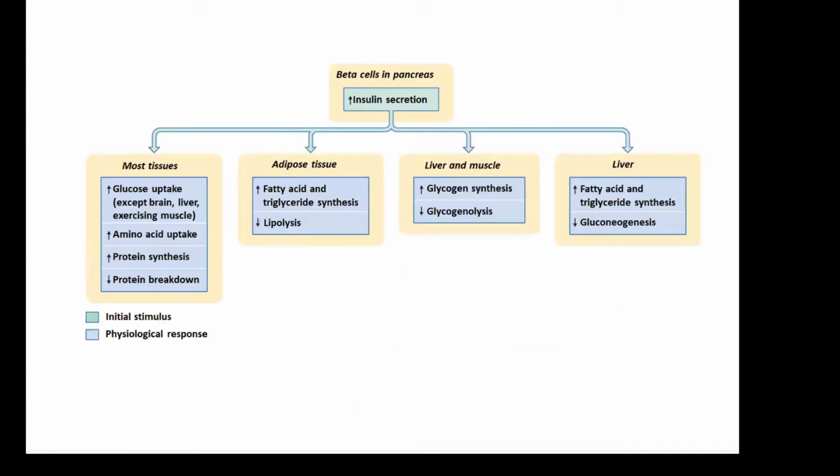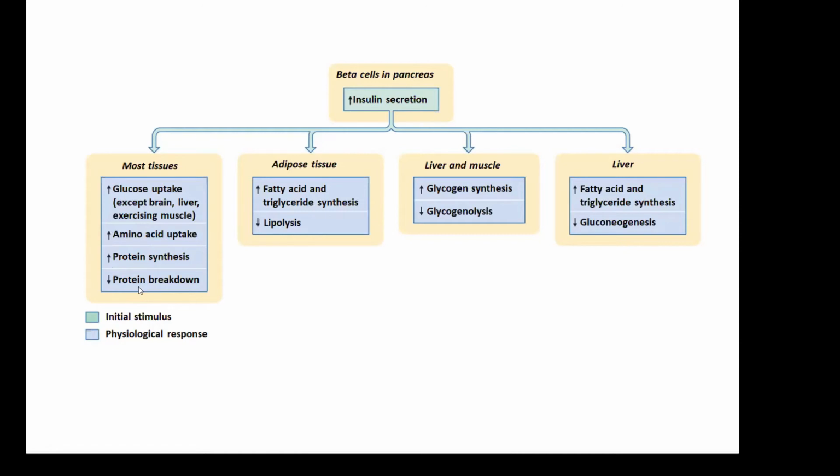So here we can see a big summary of what insulin is doing. Our beta cells in the pancreas are endocrine cells that release insulin. So we have a bunch of glucose in the blood. We want to pull it into our cells. So we're increasing insulin, which means that most tissues are going to take up a bunch of glucose, partially so they can use it. They're also going to take in a bunch of amino acids, and they're going to build up protein, and they're going to stop breaking down protein.